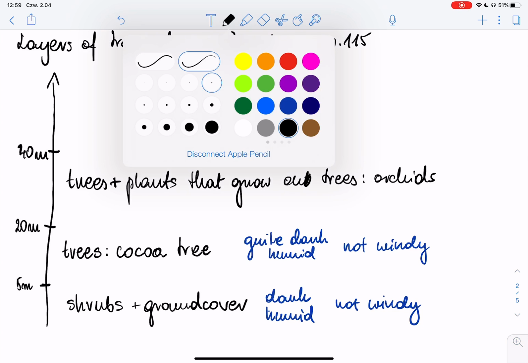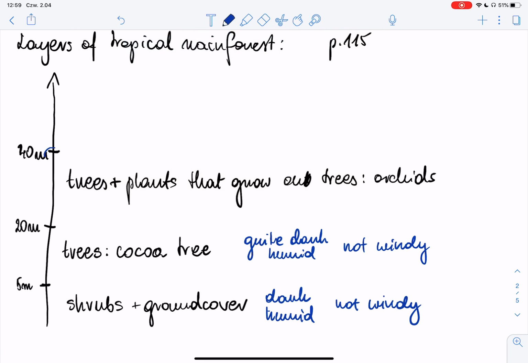The very highest level of this layer is quite sunny, so there is pretty much access of direct sunlight, but in the lower parts of this layer it's again really dark and really humid.